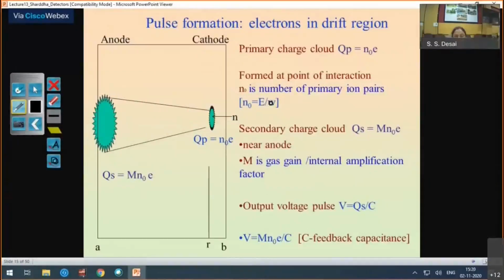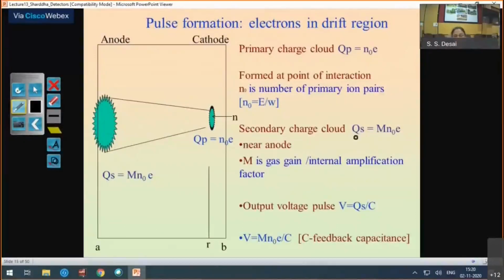You have E as the energy of incoming radiation or a charged particle, and there is a fixed W value, the energy needed for creating one ion pair. So the total number of ion pairs, the number of electrons or positive ions created, depends on your incident energy. So N naught = E/W is the primary charge cloud.